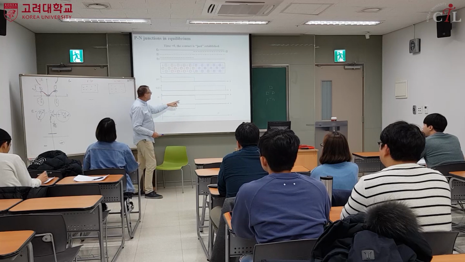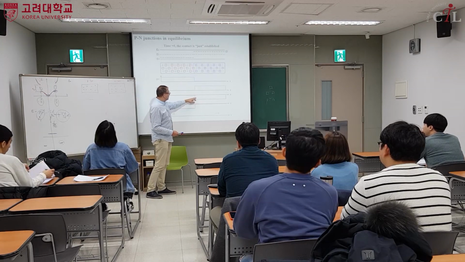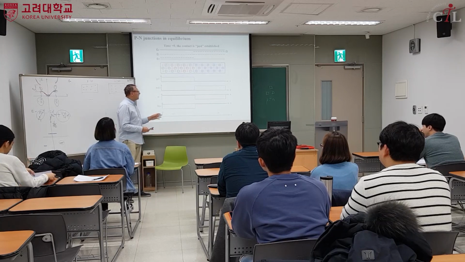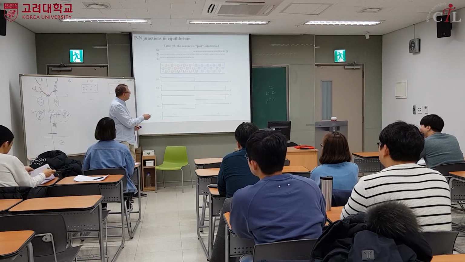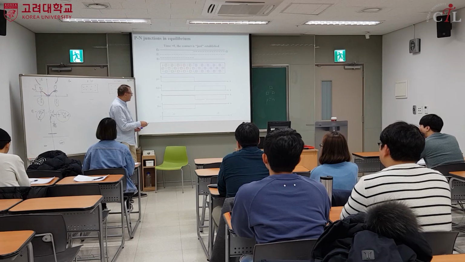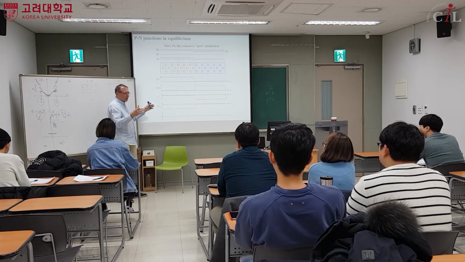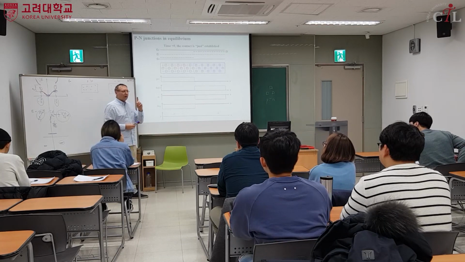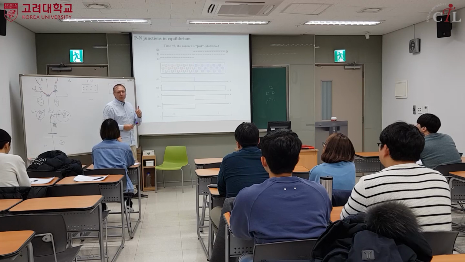Then for electrons from the n-type, diffusion should also start. My question is, if you have a high concentration of holes here and a low concentration of holes there, and a high concentration of electrons and a low concentration of electrons, there will be diffusion of these particles in both directions. The question is, until what moment will this diffusion continue?